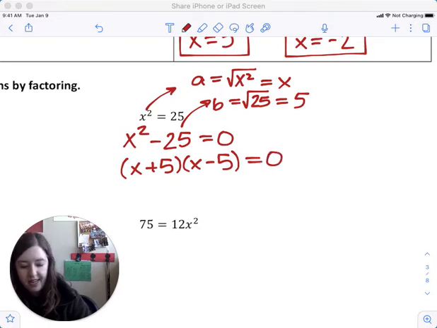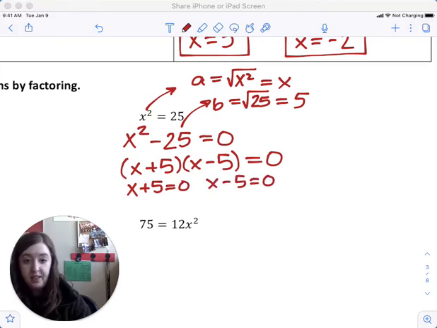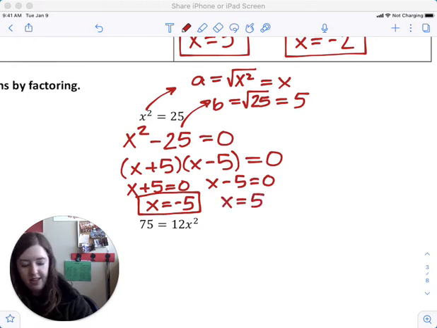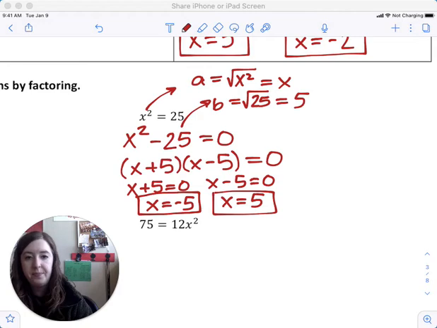And then we'll set each of those equal to 0. X plus 5 equals 0, x minus 5 equals 0. So then we'll solve each of those equations. We'll subtract 5 from both sides, and we'll get negative 5. We'll add 5 to both sides on the other equation and get that x equals positive 5.